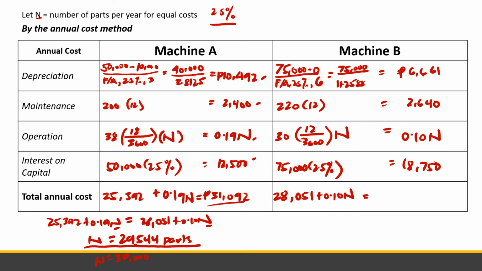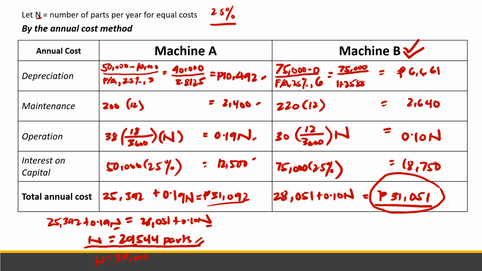And dito naman sa kabila, sa machine B, making n into 30,000. So this will be equals to 31,051 pesos. So clearly, less cost is the machine B. So machine B will be more economical for the number of parts more than the break-even point, or 29,544. So we will choose the machine B for this problem.